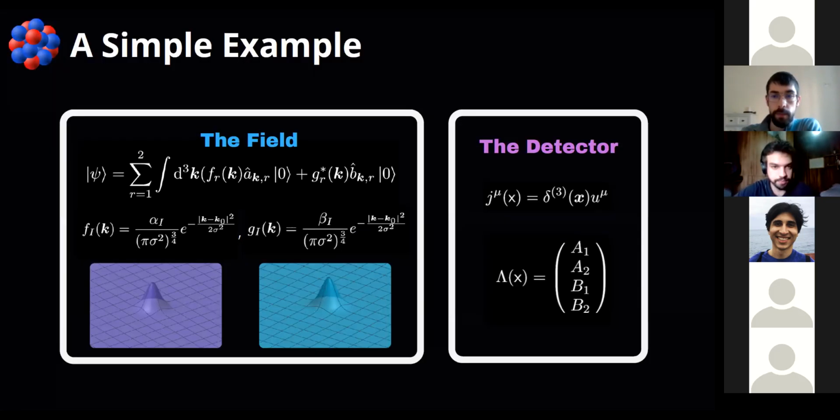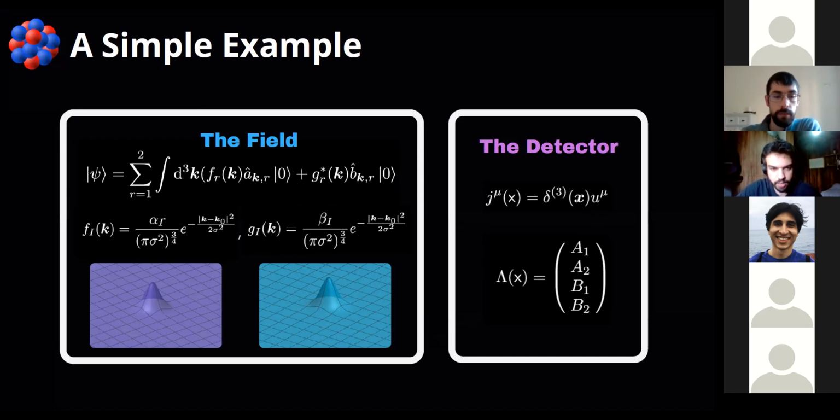Okay, so going to the simple example, in order to compare with everything else that we had before, let's assume the field to be in a state given by a general one particle state, with particles and antiparticles, both centered at momentum k0.